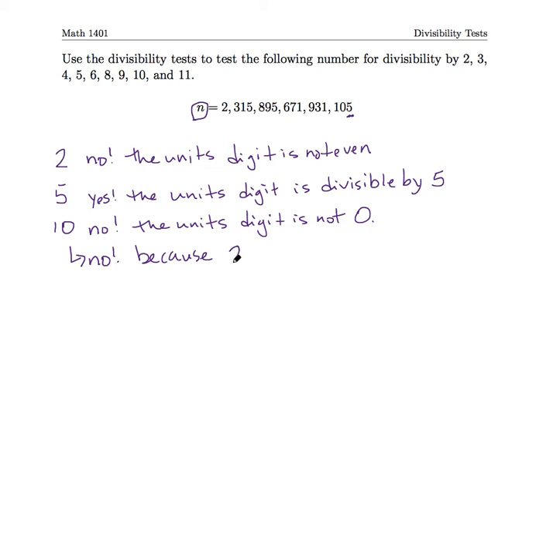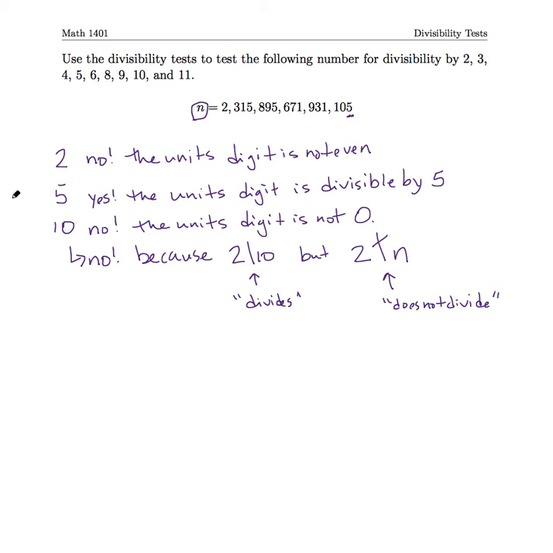So I could write, because 2 divides 10, where this vertical line means divides, but 2 does not divide n. The symbol where I have the vertical line crossed out means does not divide. That would be a second way that we could say that 10 does not divide the number n.